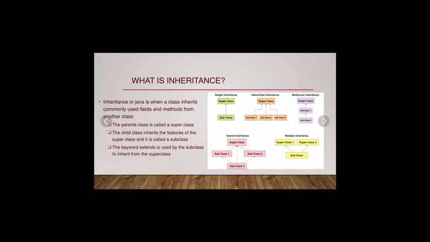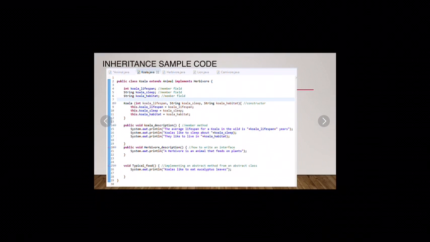So here is some sample code of the koala class that has this extends feature. And that extends feature is going to tell me that this is the subclass and this is the superclass. And that's basically it.